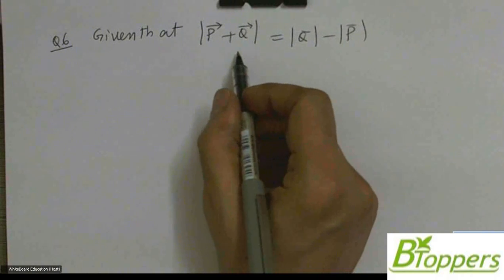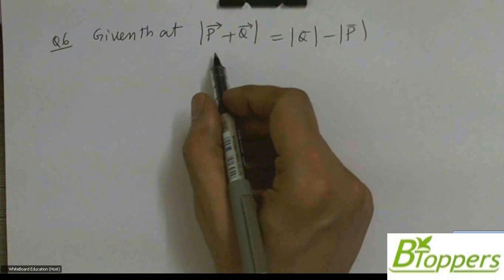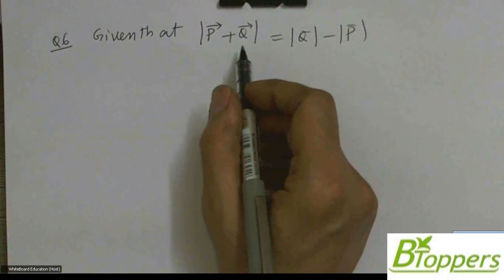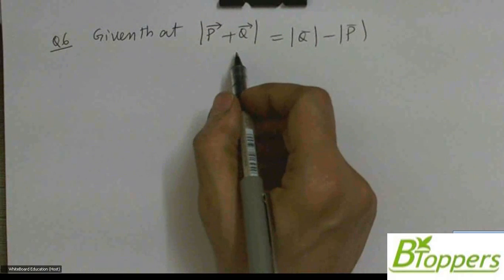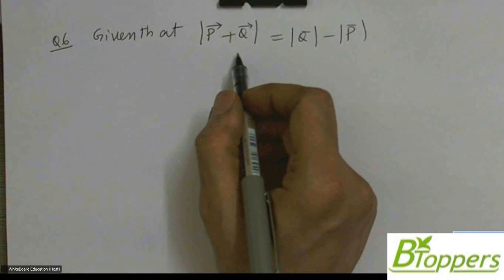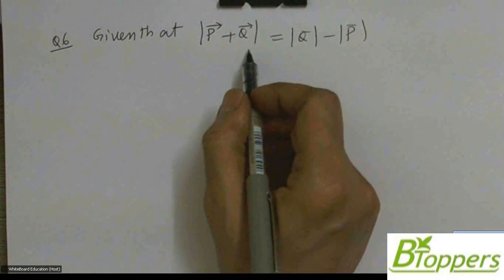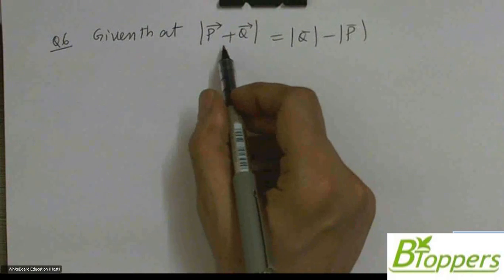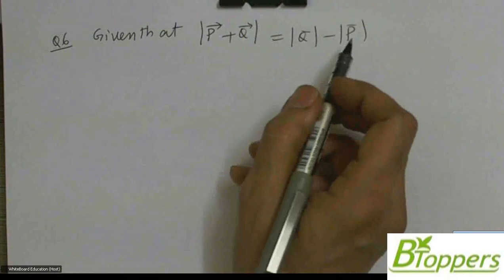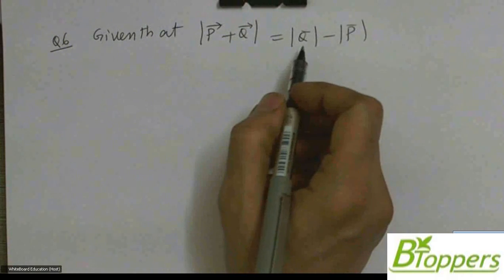So in special case 2, I have given you one conclusion: if two vectors p bar and q bar with different magnitudes act in opposite directions, then the magnitude of their vector sum or resultant will be equal to the ordinary difference of their magnitudes.